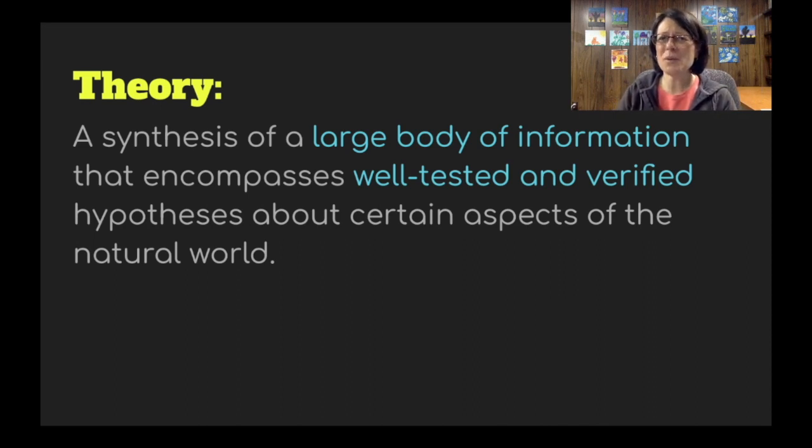But the difference between an individual's theory about something and a scientific theory is that a scientific theory is well tested and verified. And it comes from a large body of information. A lot of data has been collected, a lot of experiments have been performed. It's not just one experiment, it's a lot of experiments in order to develop a theory, which is not true of most people's explanations of why they think things are going on.